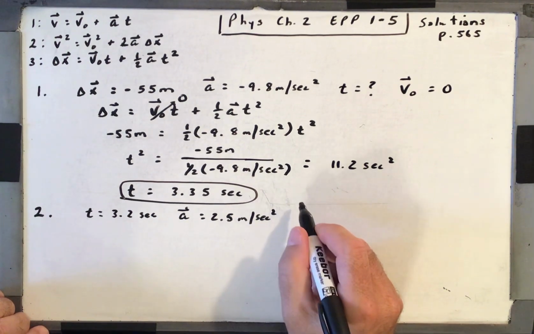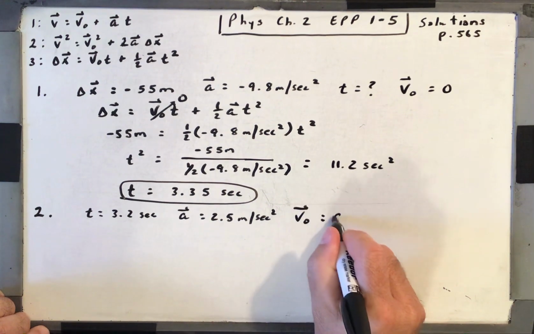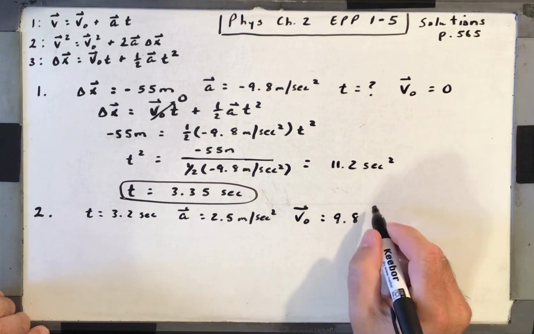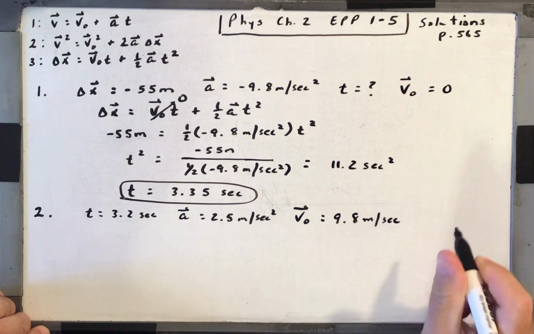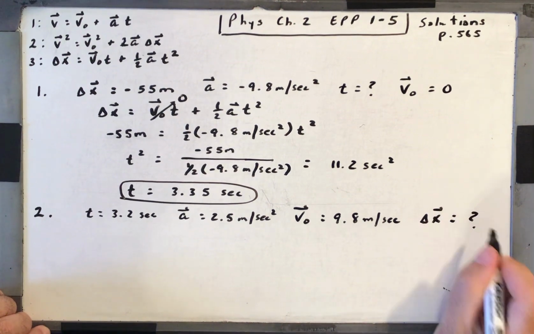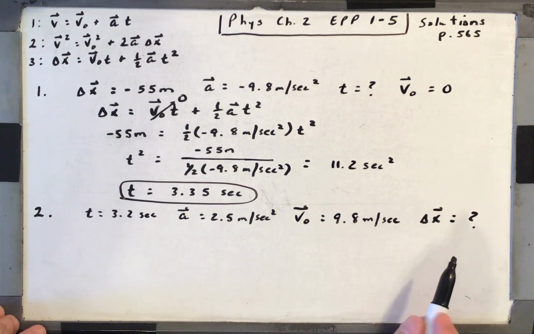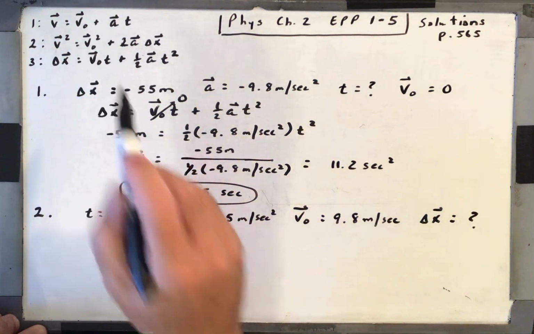We have an initial velocity of 9.8 meters per second. And we want to know how far, so that is displacement. So we need an equation that has both time and displacement in it, and that once again is going to be equation 3.